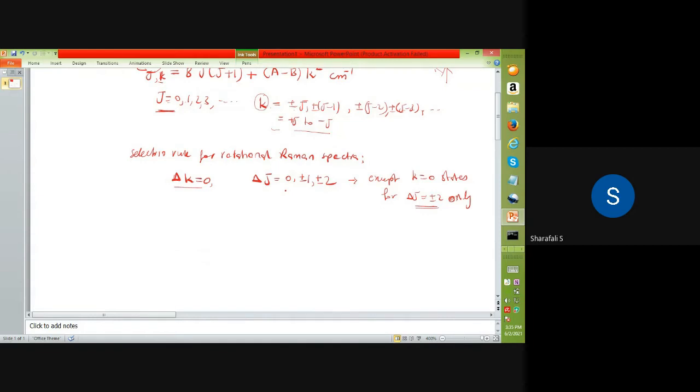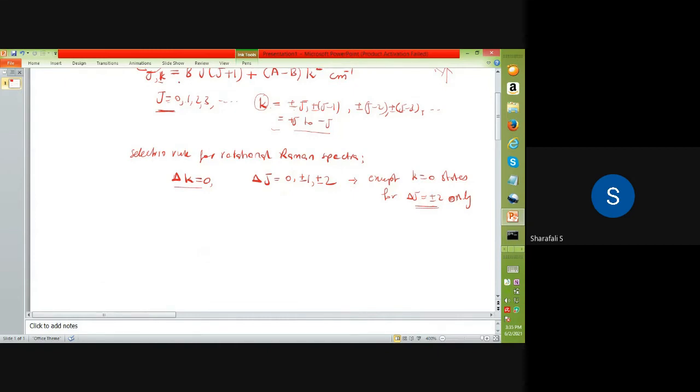For all other values, you can consider delta J equal to plus or minus 1 also for any other K. But for any transition to the K equal to 0 state, we have to consider the selection rule delta J as plus or minus 2. So that is the condition for this.